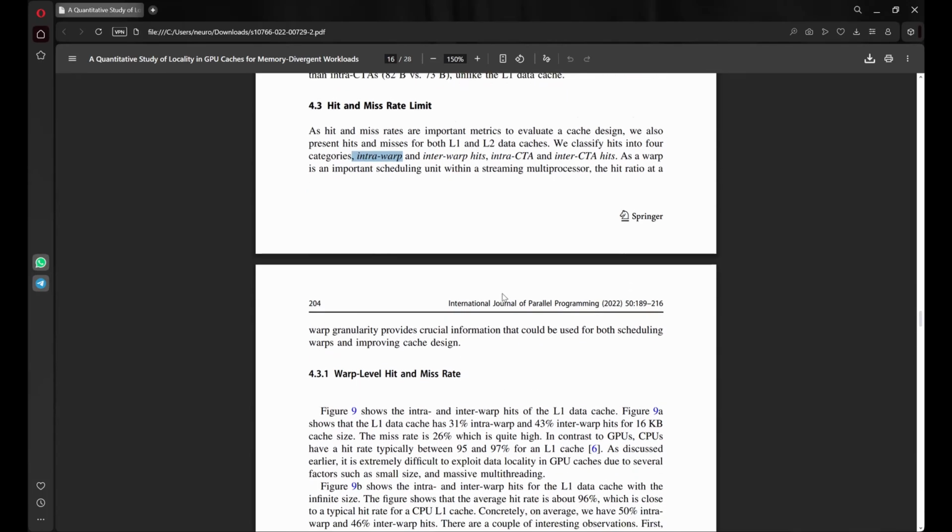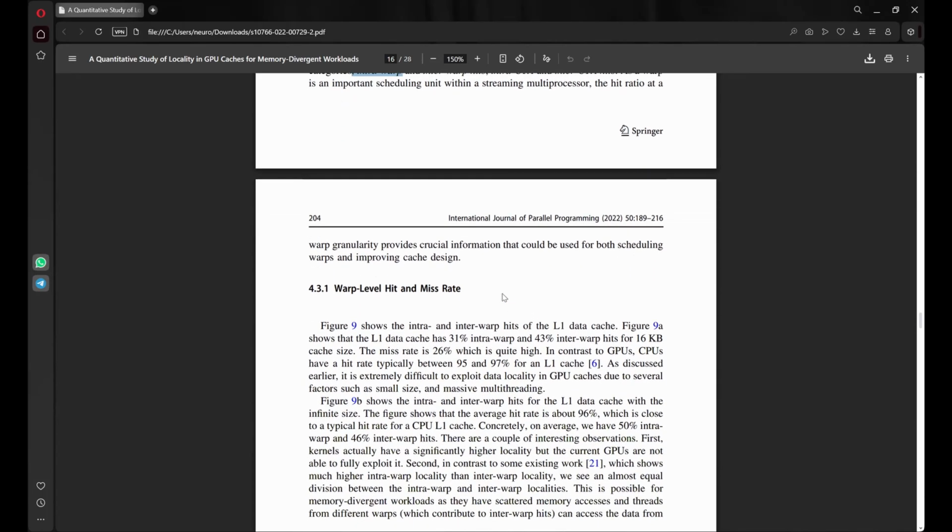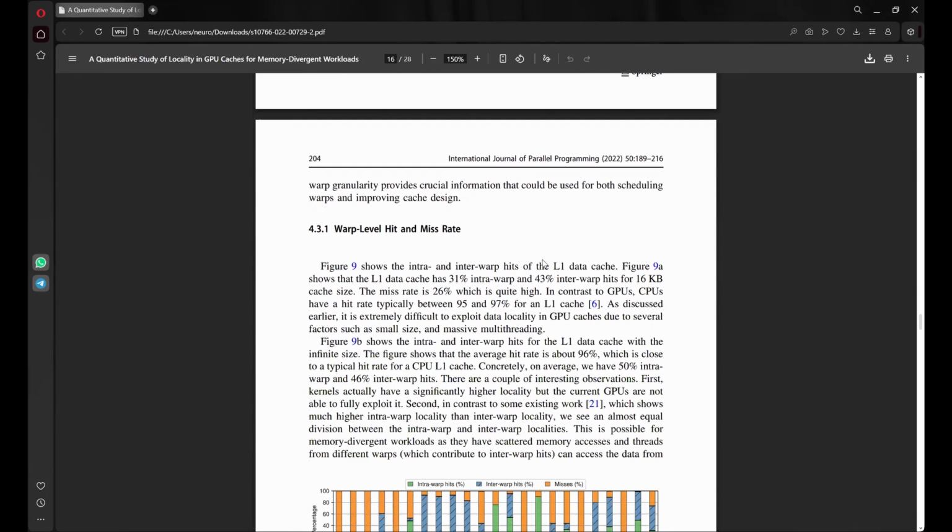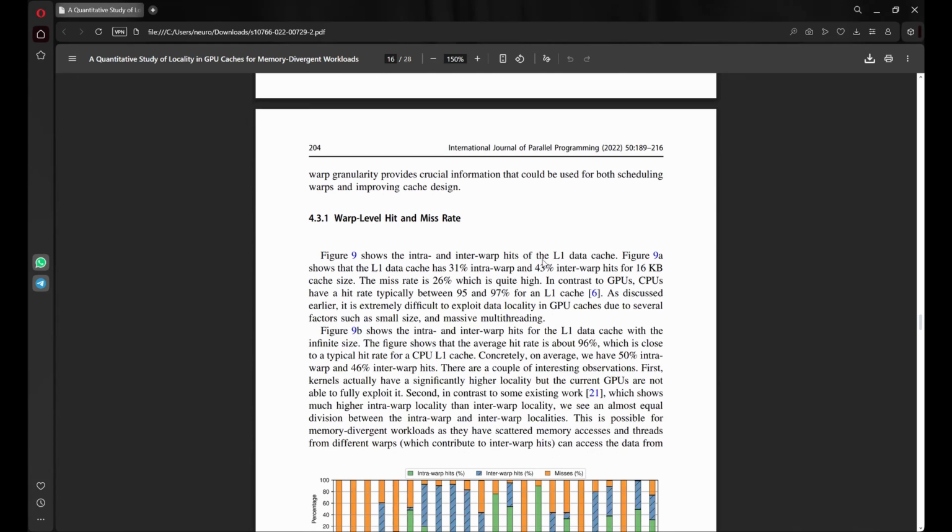So we see that for L1 cache, if we look at warp level hit and miss rates, with realistic cache size, you have 31% intra-warp and 43% inter-warp hits.